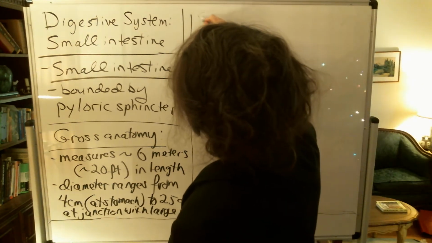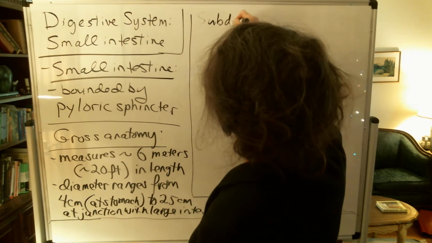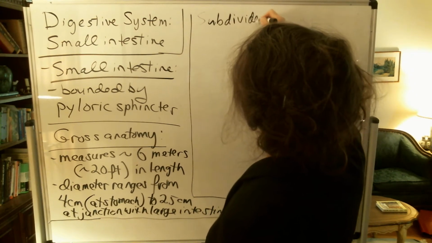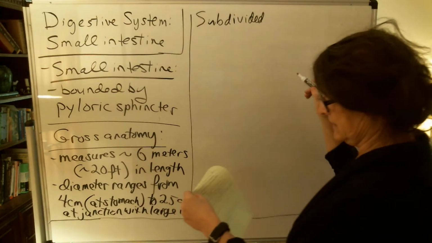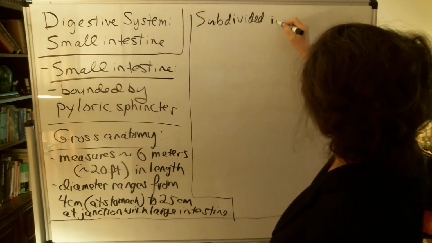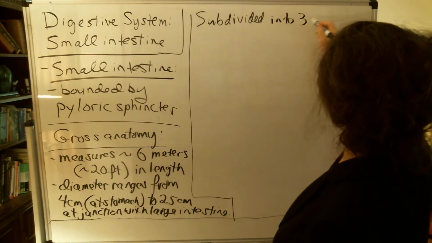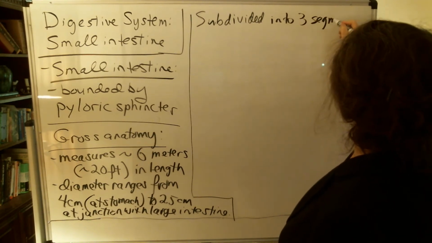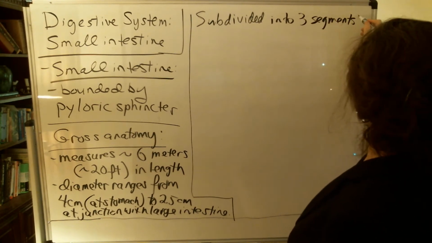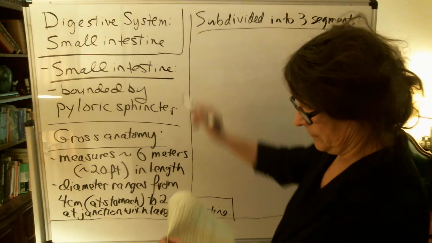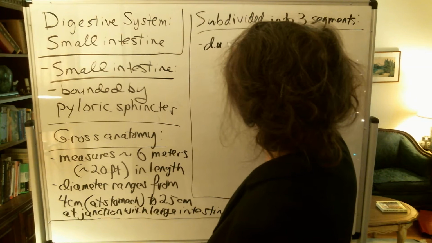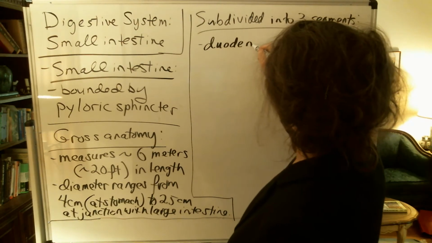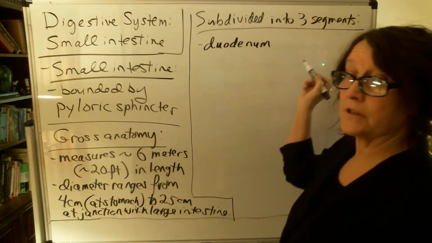So the small intestine is subdivided, basically for our own purposes, into 3 segments. They are the duodenum, which is the part nearest to the stomach.